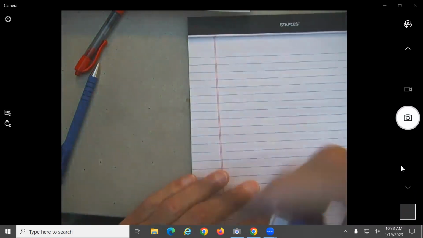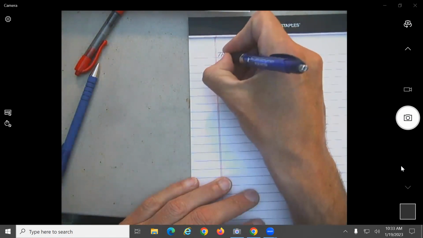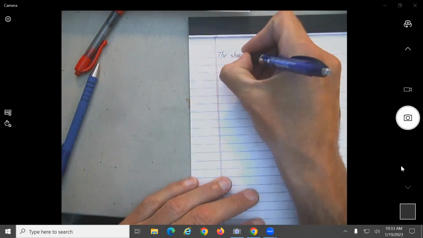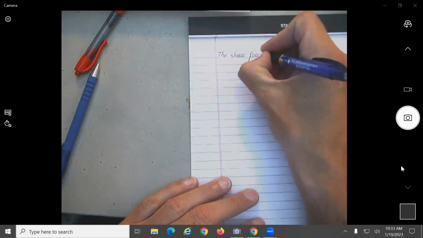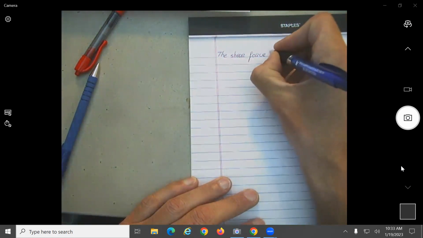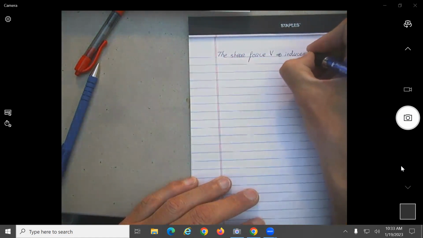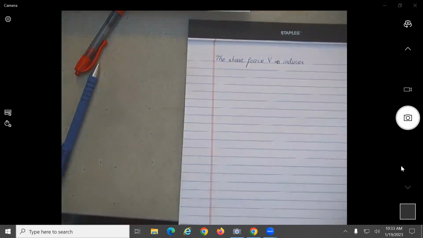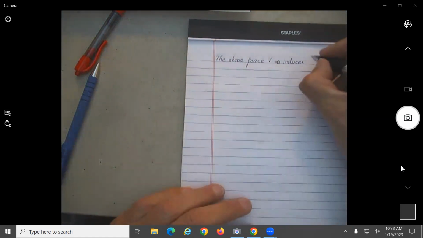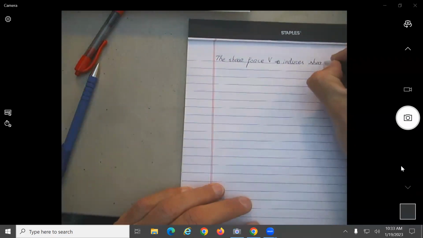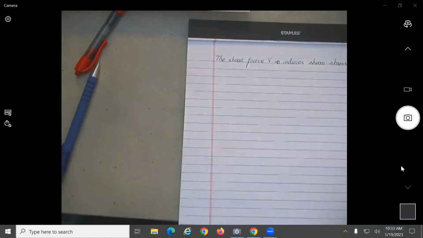Now, the shear force, if we follow the same notation, okay, I think that makes sense, induces what? Shear stress. Shear stress, no?